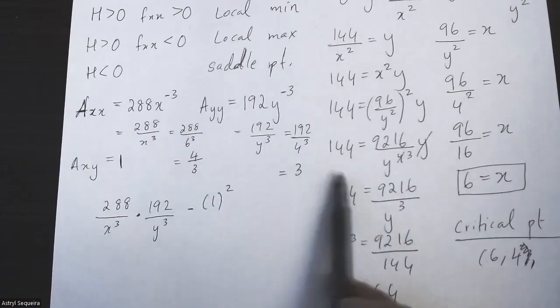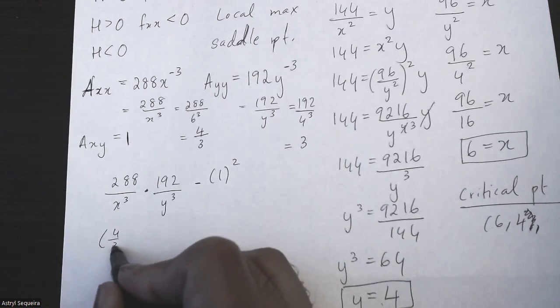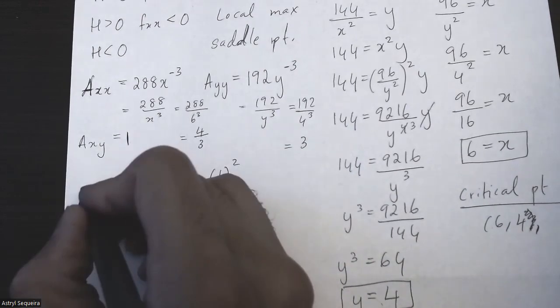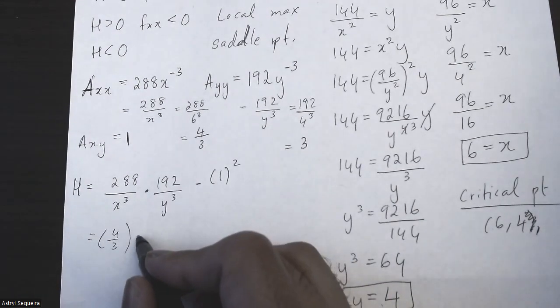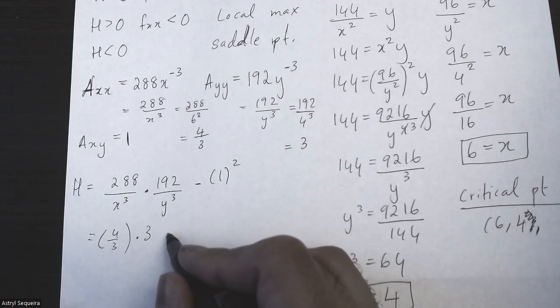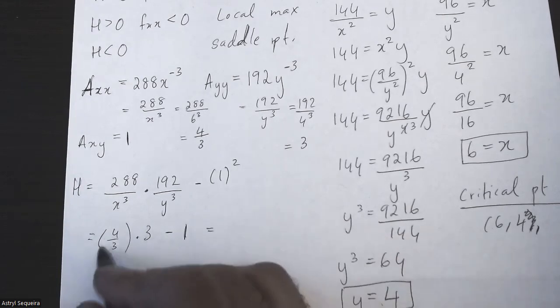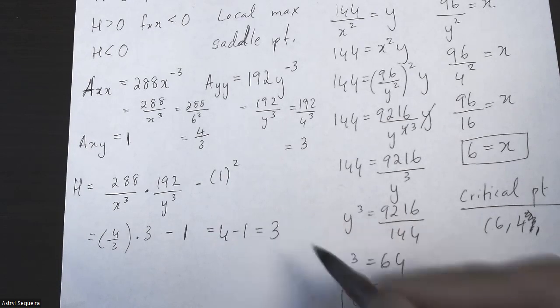So I'll sub these in for these two calculations over here. So 4 over 3 times 3, this is my h by the way, my Hessian, minus 1 squared is just 1, which is just 4 minus 1, which is 3.